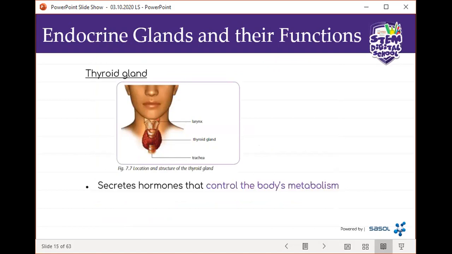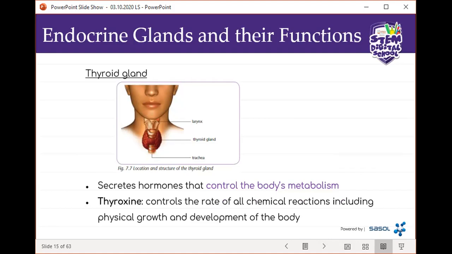So the thyroid secretes hormones that control the body's metabolism, and that hormone we know as thyroxine. Okay, so thyroxine controls the rate of all chemical reactions, including physical growth as well as the development of the body. Very important to note.